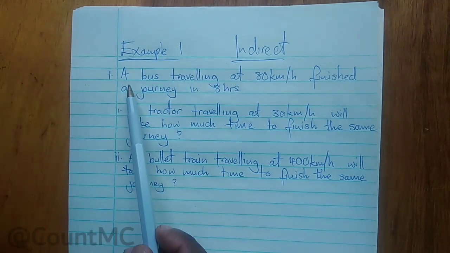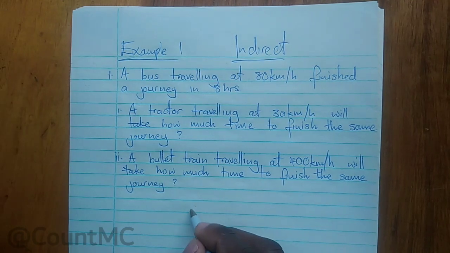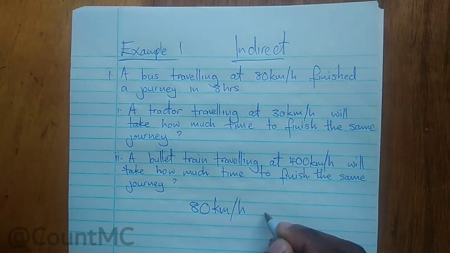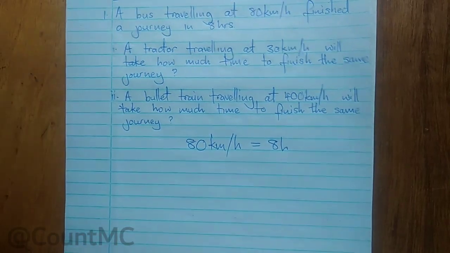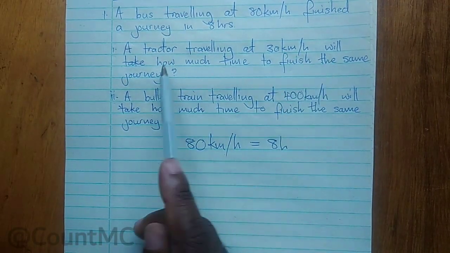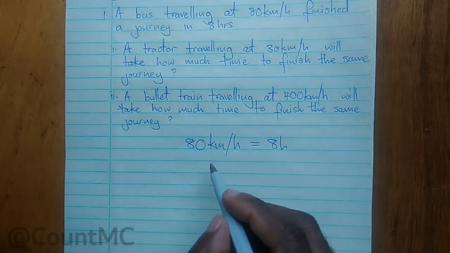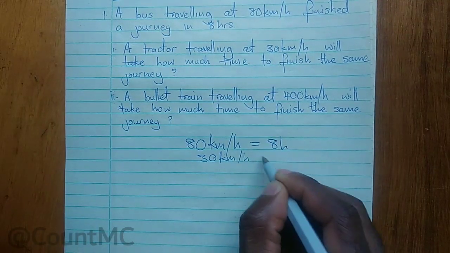Example 1. A bus traveling at 80 kilometers per hour finished a journey in 8 hours. 80 kilometers per hour is equal to 8 hours. A tractor traveling at 30 kilometers per hour will take how much time to finish the same journey? 30 kilometers per hour.